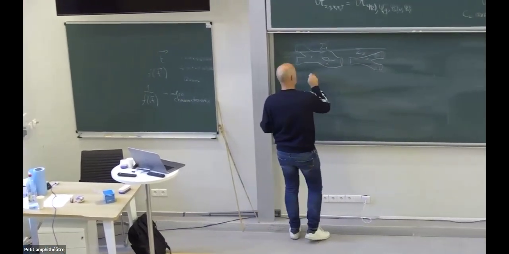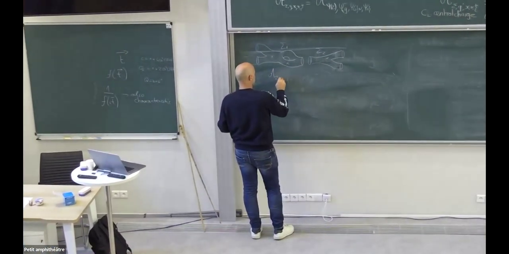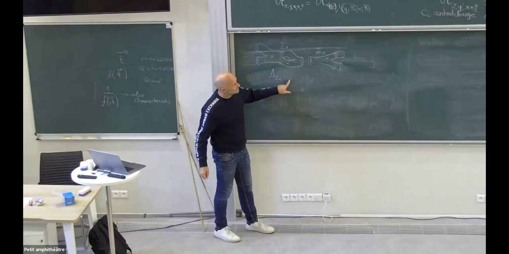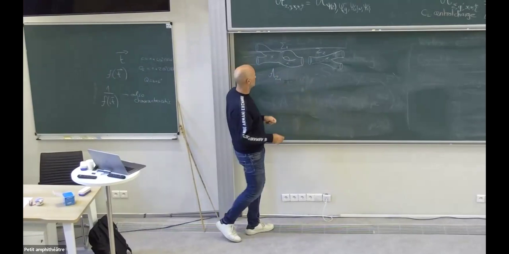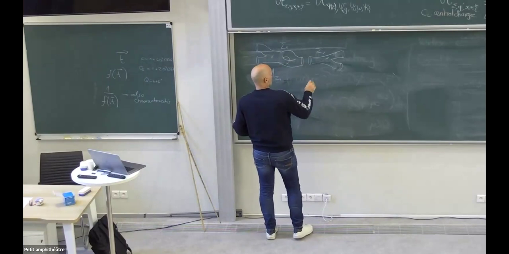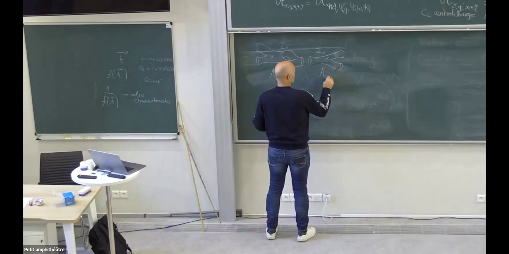Here you have an operator A of sigma 1 with all the possible data: the metric, the parametrization. Here you have sigma 2.